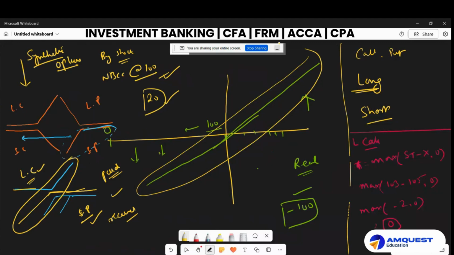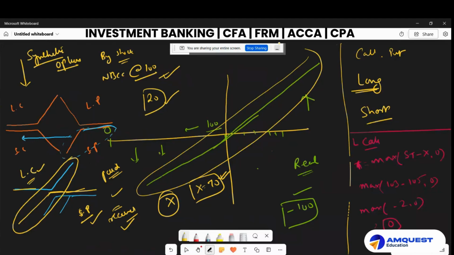And then what they also say is that when you write a put option, obviously you are writing it with some exercise price. Let's say you write a put option for a strike price of 70, and then you put this 70 in the bank, just to be secure.